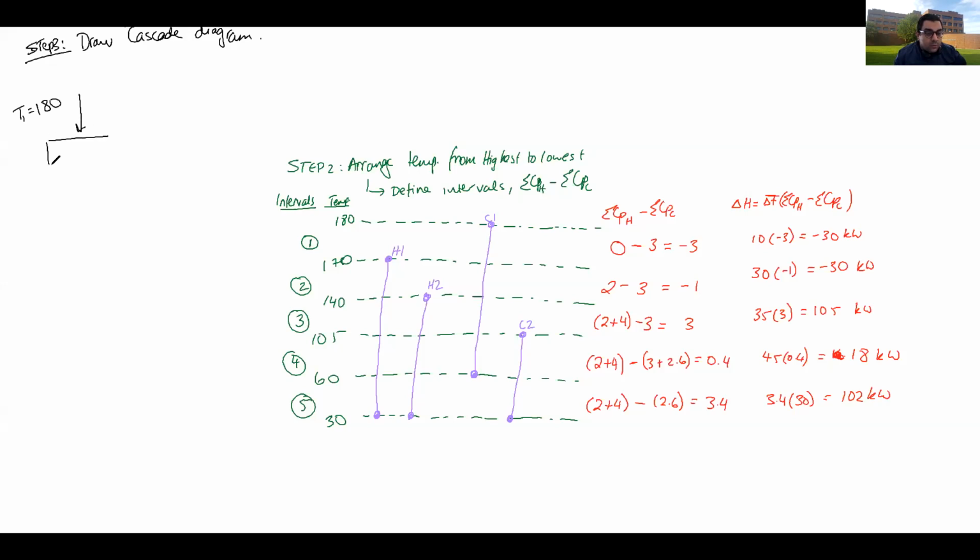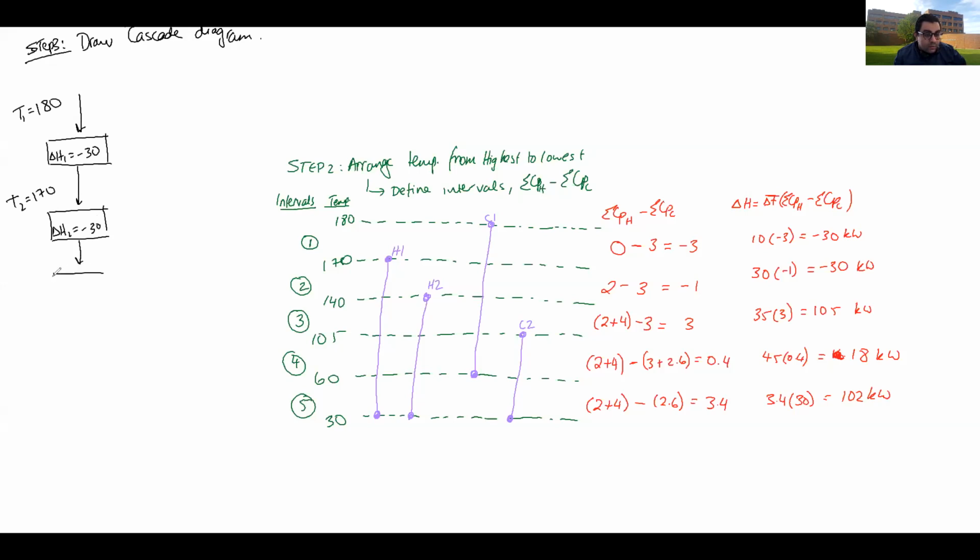I'm going to draw a box. Delta H1 is minus 30, and I'm just translating this information into a figure. Minus 30, and here I have T2 is equal to 170. I have a second box. Delta H2 is equal to minus 30.